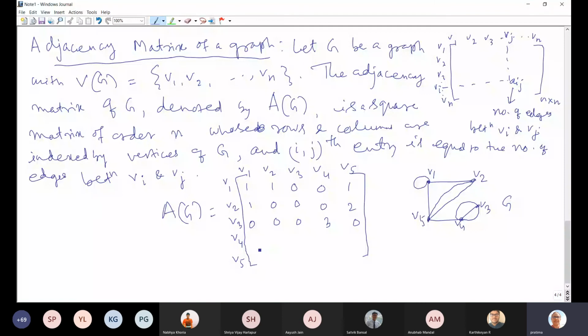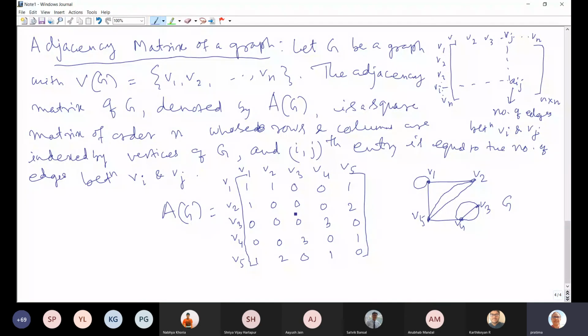V4 to V1, 0, V2, 0, V3, there are 3. No self loop at V4, therefore 0. V5, there is 1. Then V5 to V1, 1 edge. V5 to V2, there are 2 edges. V5 to V3, no. V5 to V4, 1. And V5 to itself, no self loop, so 0. So this is the adjacency matrix of this graph.